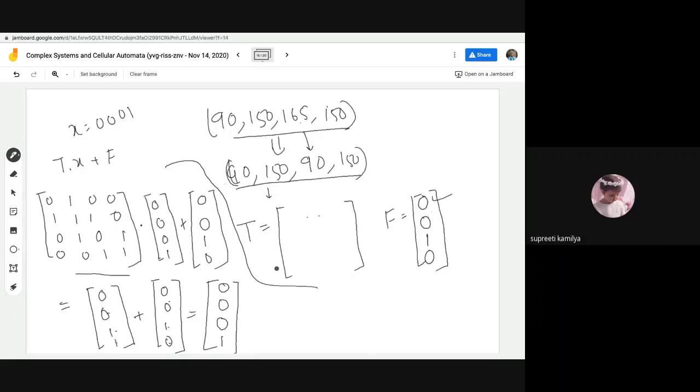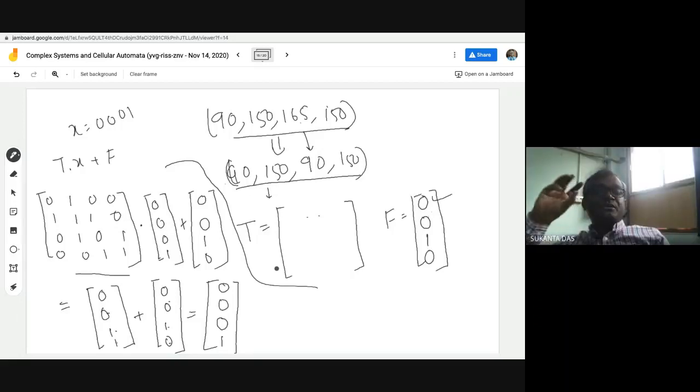Here plus is an operator, so for that you need a table, and in the table you will always find that 1 plus 1 is 0.